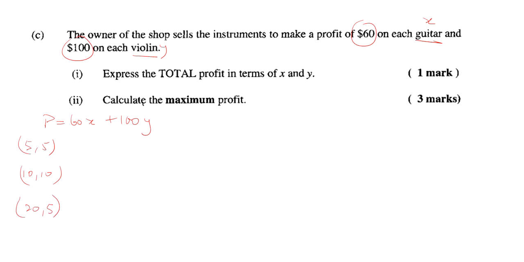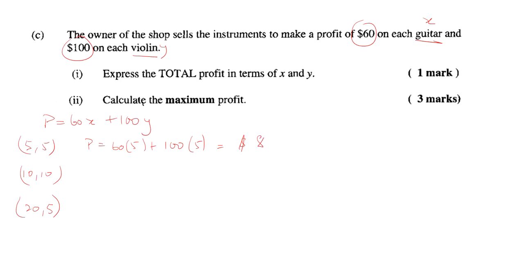Alright, so what we're going to do, we're going to work out the profit for each one and determine what the maximum profit is. So profit here is 60 by 5 plus 100 by 5. Let's work that out. 60 multiplied by 5 is 300 plus 500, that gives me $800 profit.